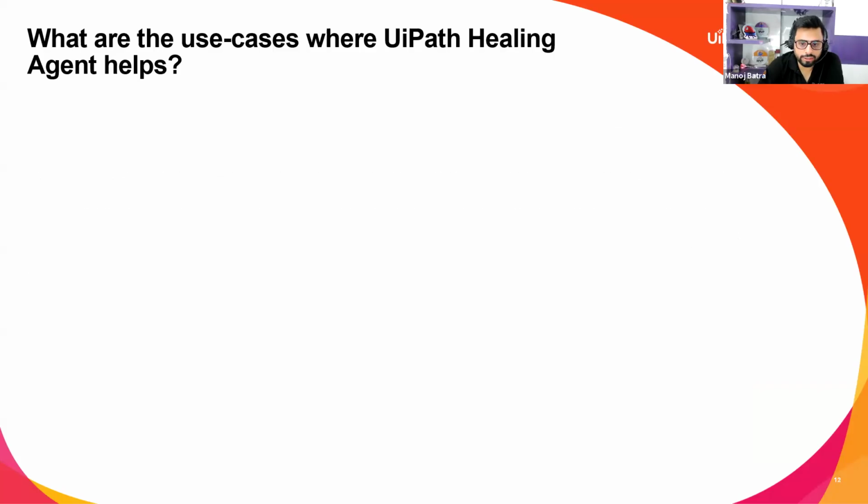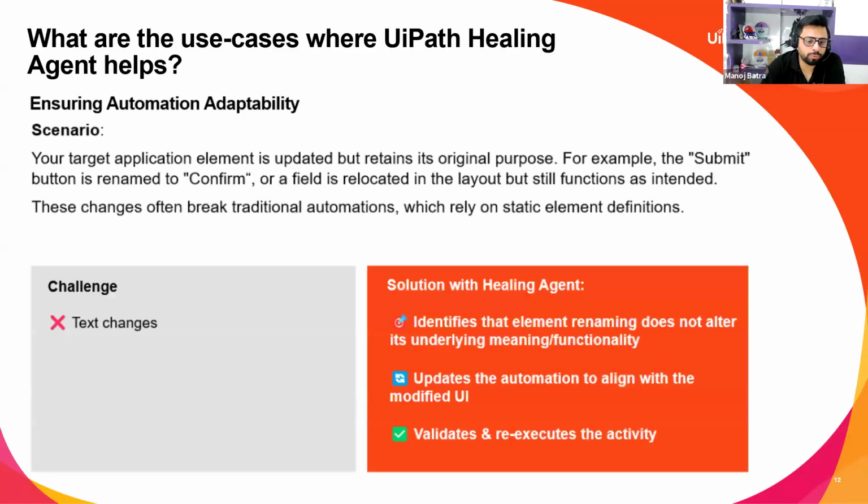The last one here is a different one, where we have one element which is there on the page, and that element's text got changed. So let's suppose you have a submit button, but the UI got changed, and from submit the name got changed to confirm.